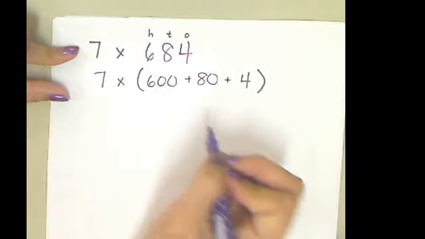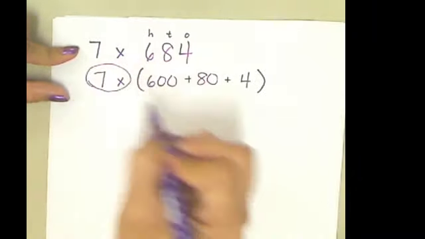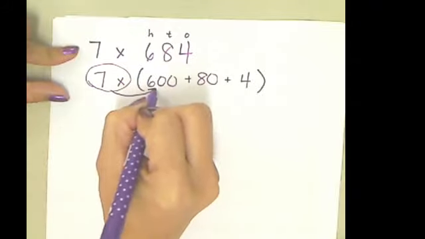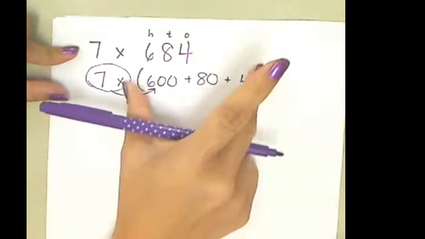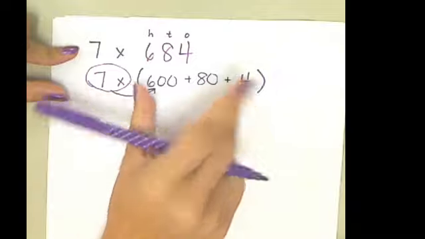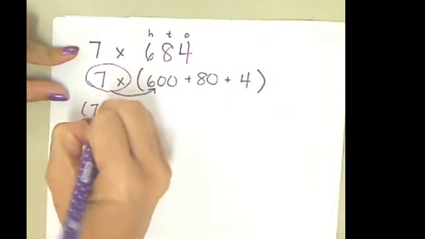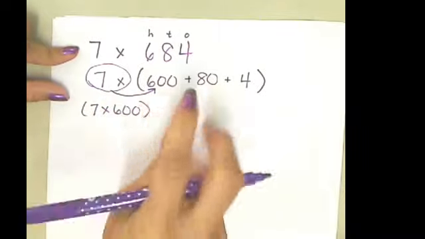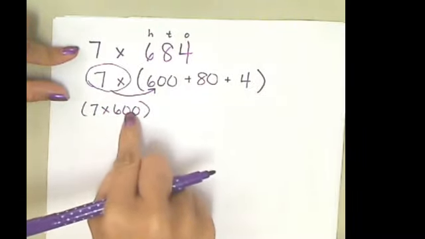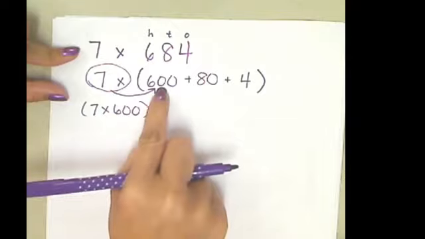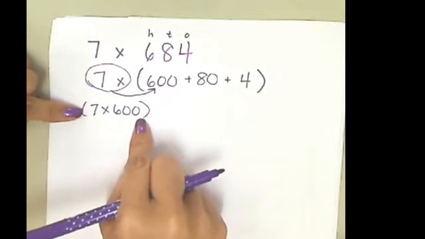So let's do the distribution. This is what I'm distributing, and I need to go to everything in that group. The group is what's in the parentheses. So 7 times 600, I'm going to write that down. When we show our work, we need to write down what we're thinking. So if I distribute it to the 600, I need to represent it like this.